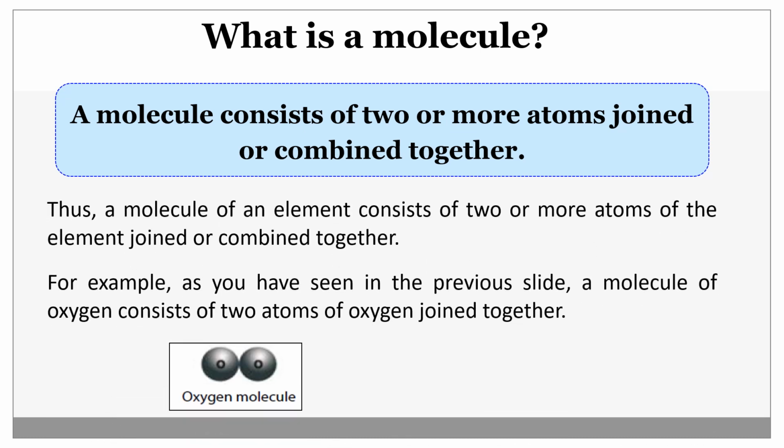Thus, a molecule of an element consists of two or more atoms of the element joined or combined together. As we have seen in the previous slide, a molecule of oxygen consists of two atoms of oxygen joined together.